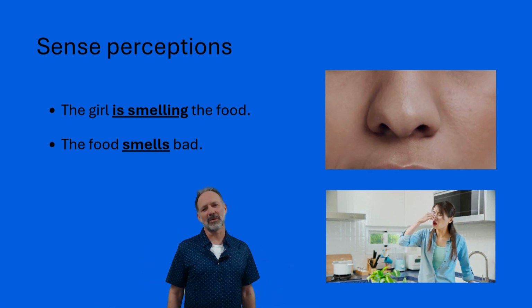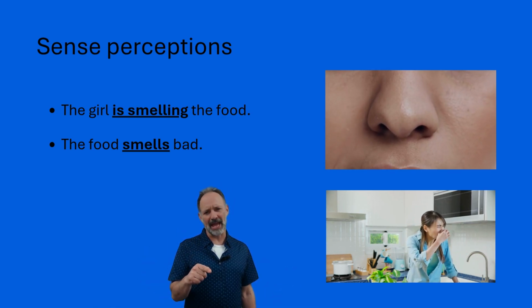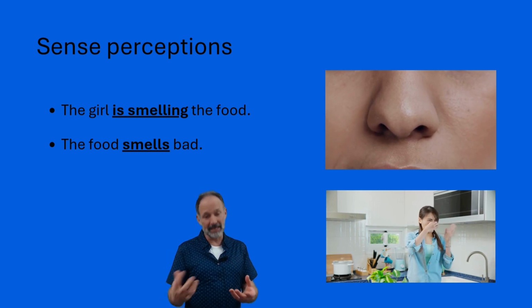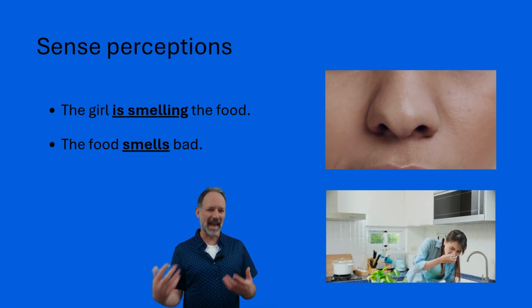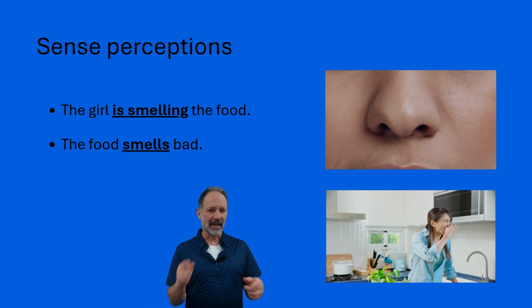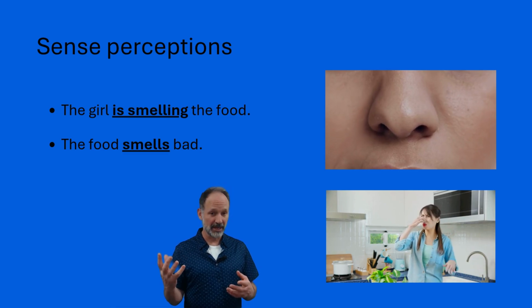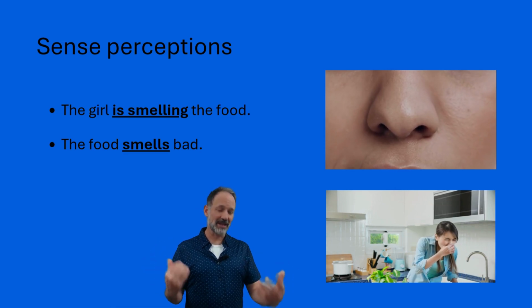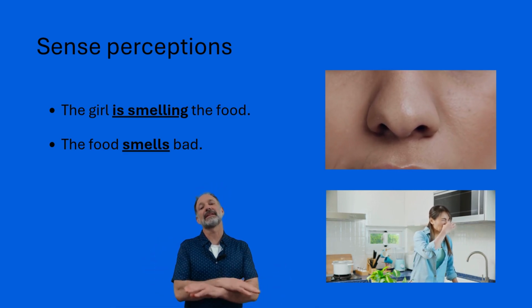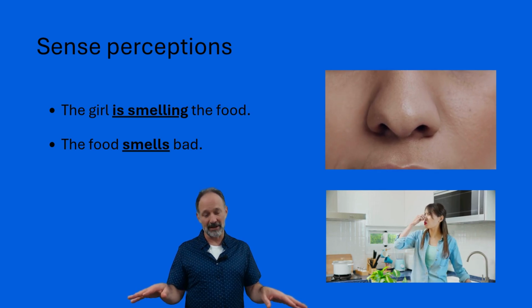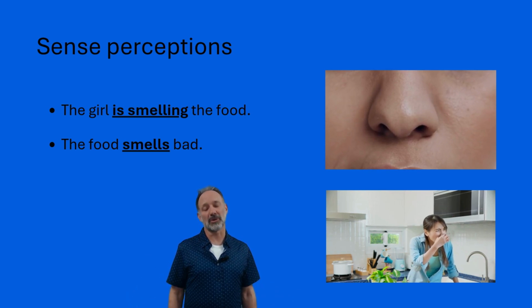But in the second one, the food smells bad. That's someone's opinion about the food. It's not really an action that's happening. And also, we look at the food in the subject position. That's not doing the action of the verb. So that is a non-action meaning there. So we would not use a progressive verb tense for that second sentence.